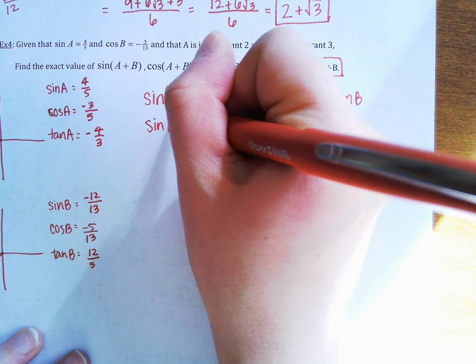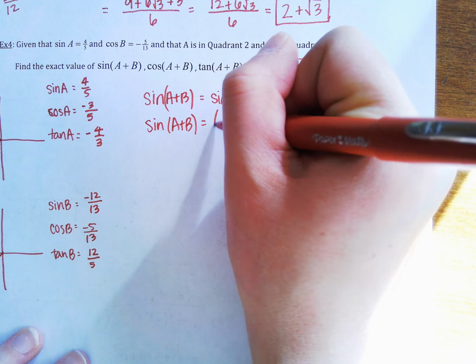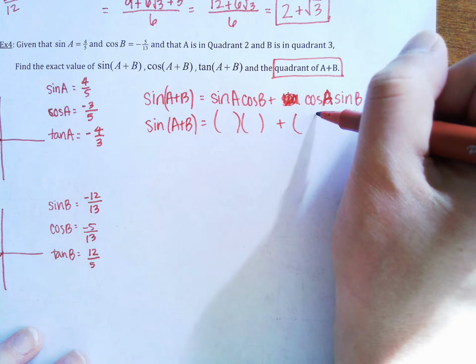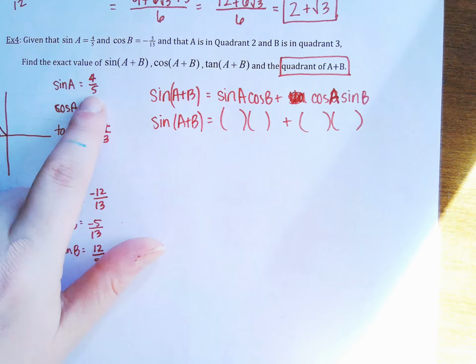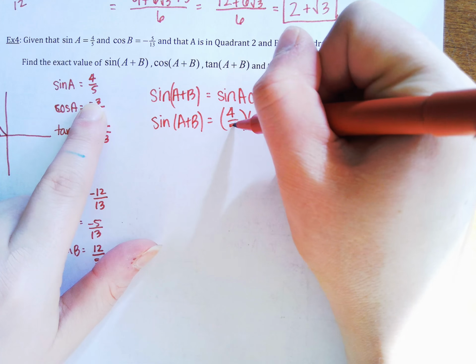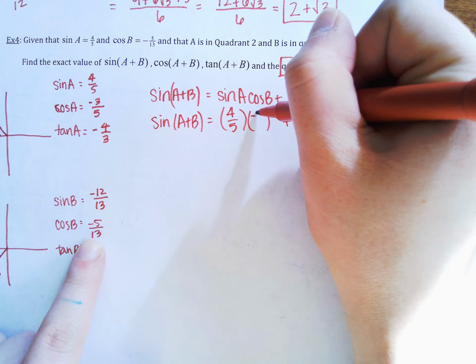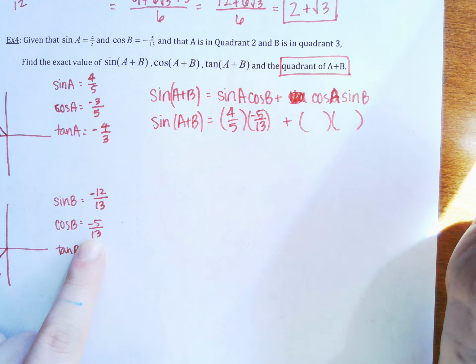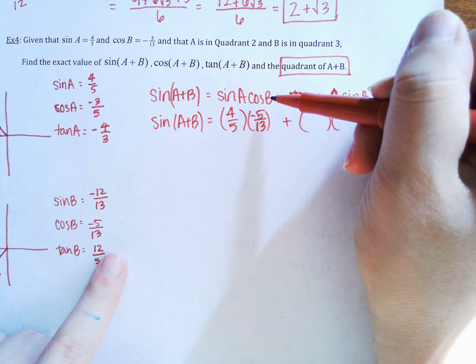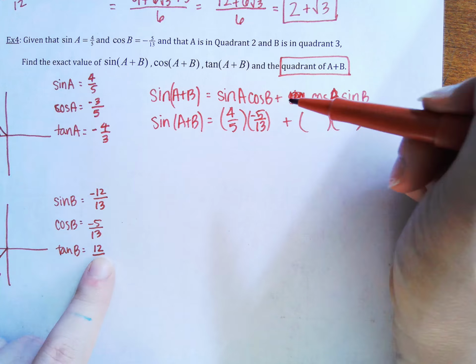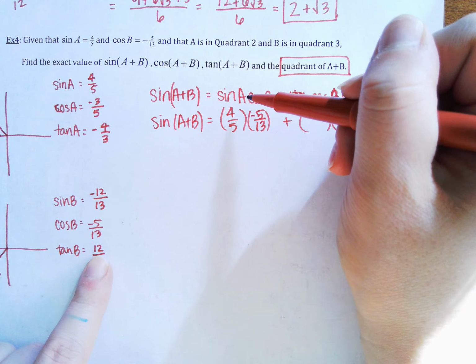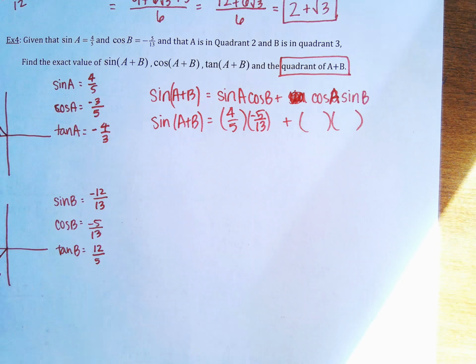So we're looking for the sine of A plus B. And we conveniently have all these things listed. I know my sine A is 4 over 5. I know my cosine B is negative 5 over 13. Remember, these are ratios, so you're not doing the sine of 4 over 5 and then typing that into your calculator. That's a mistake I see all the time.